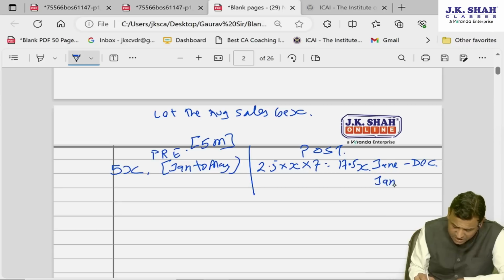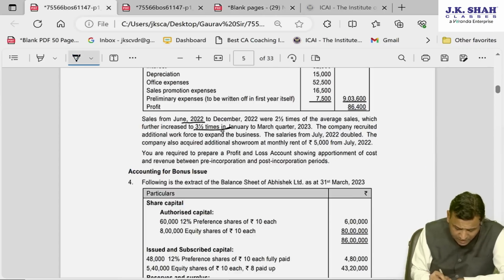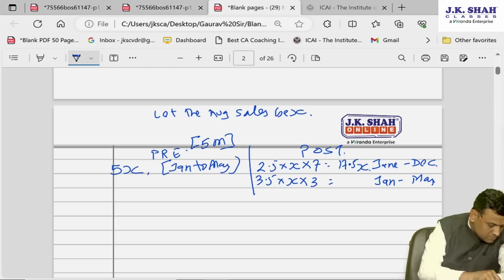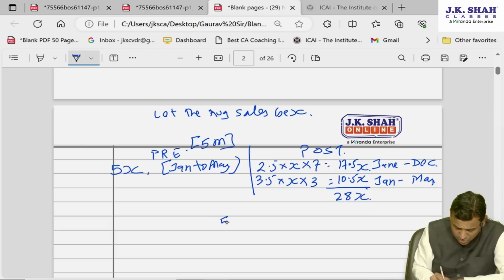And then January to March, the next period, it is becoming 3.5 times. So 3.5 into X into 3 months, which gives me 10.5X. So this comes to 28X.